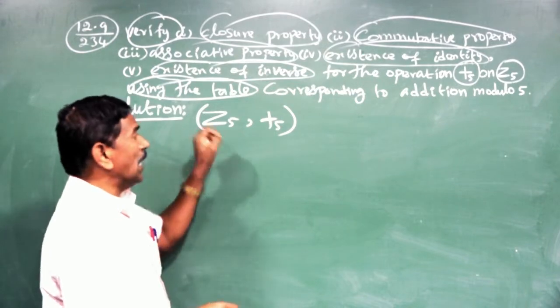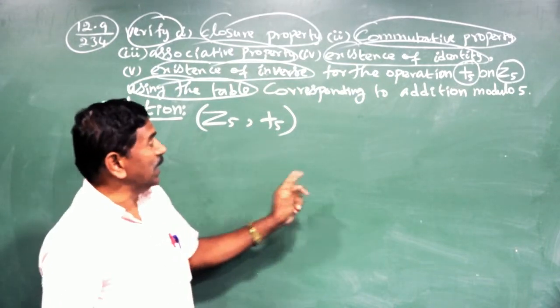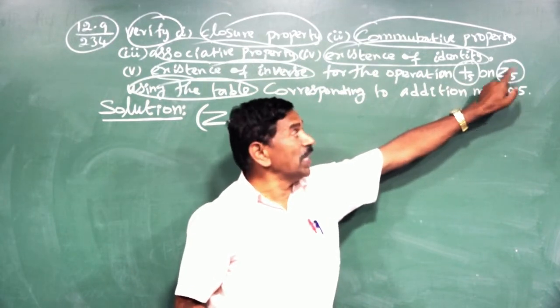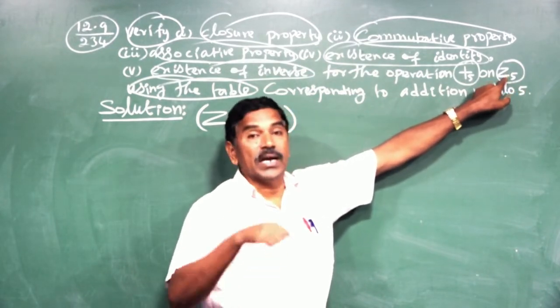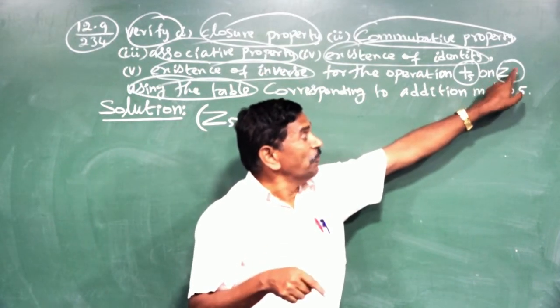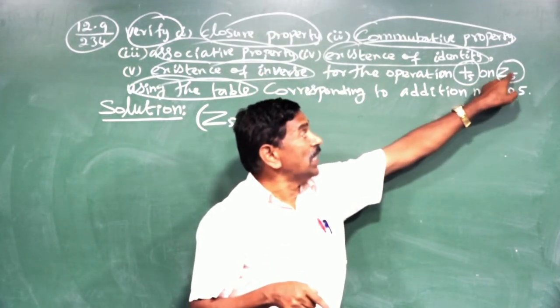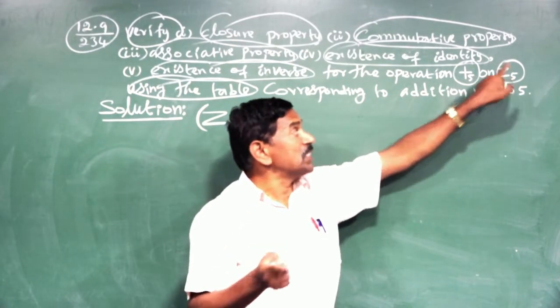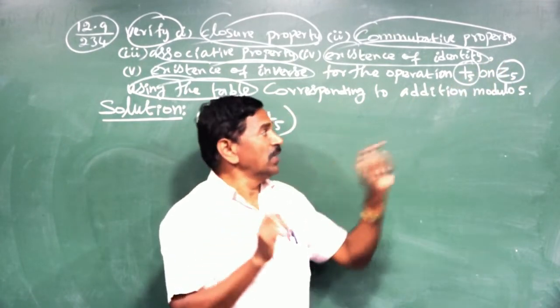Okay. First let us prepare the table. Before preparing the table, I want to define the set. Here the set is not given clearly, so we want to write the set ourselves. Here listen, Z5 means the set of all congruence classes modulo 5, and these elements are denoted by the square bracket. Now listen.